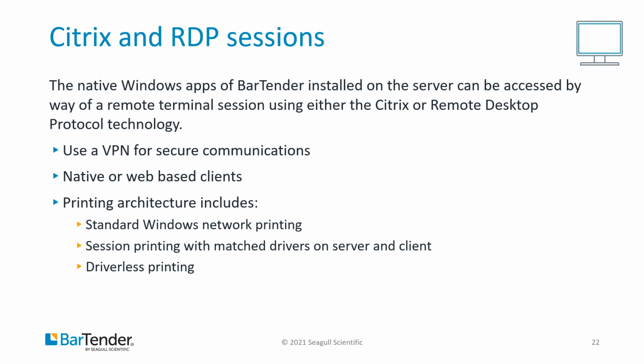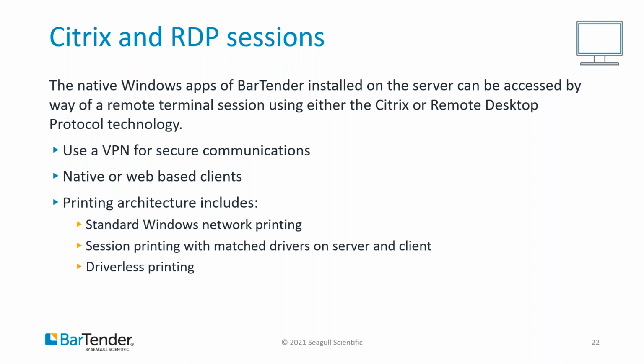What this does is provide a remote terminal session view of the Windows computer running on the server, from which the users, from their workstations on premise, those clients, can access those server installed applications. So for example, a document designer may wish to access the BarTender designer for creating and designing the BarTender documents, rather than having the BarTender software installed on their workstation PC directly.